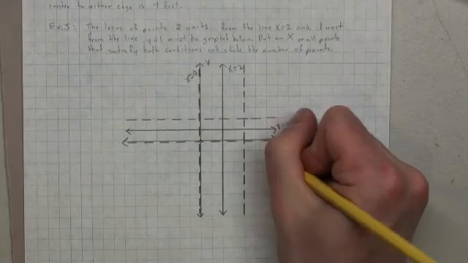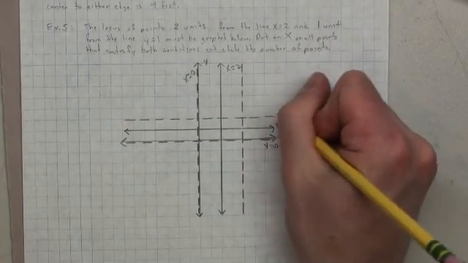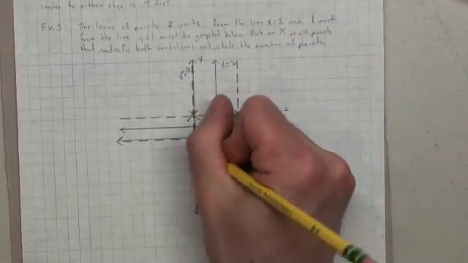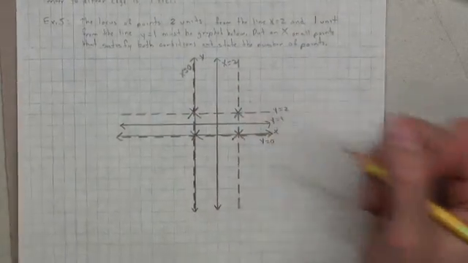And the x-axis is the line y equals 0, and this is y equals 2. So here's an x, here's an x, here's an x, and here's an x.